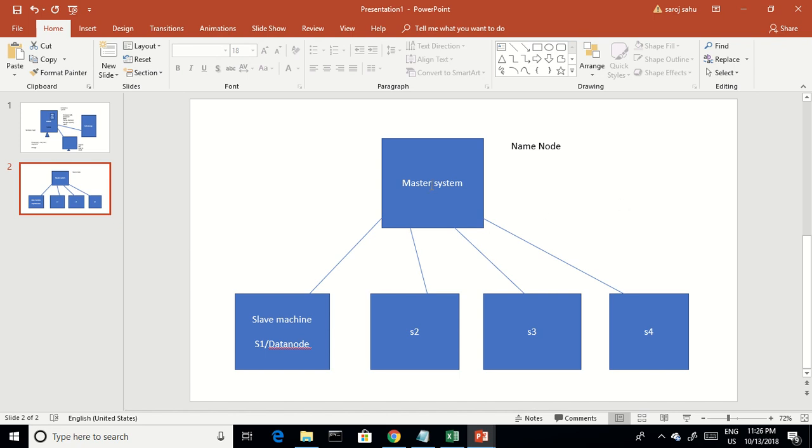So how does it mitigate the storage as well as the processing issues raised in the traditional or legacy systems, which cannot handle big data? But here, how can it handle big data in Hadoop?